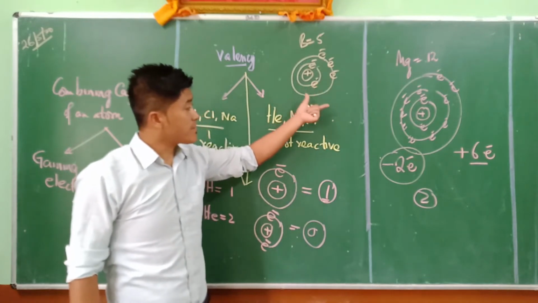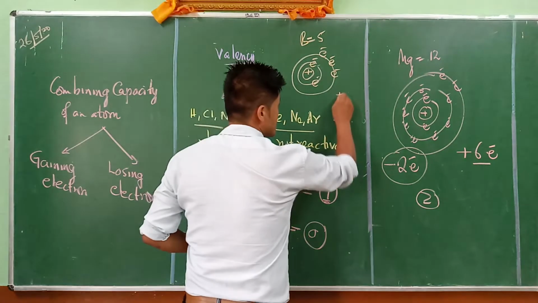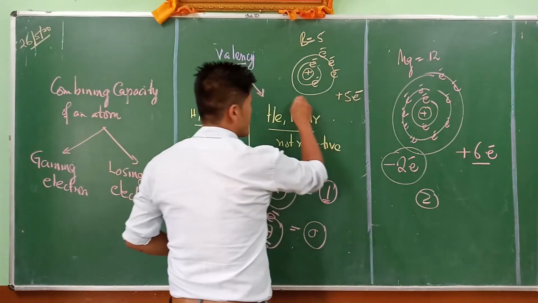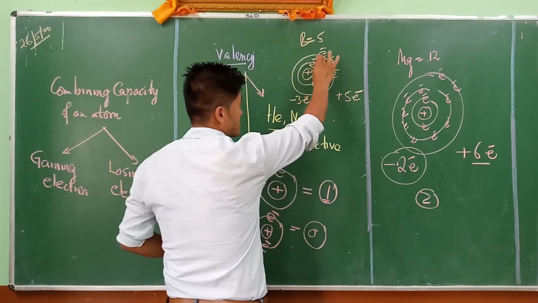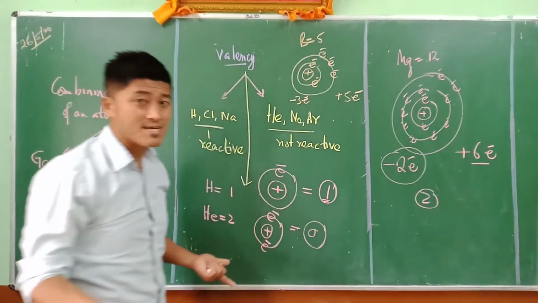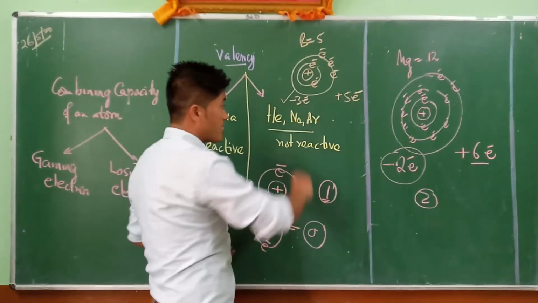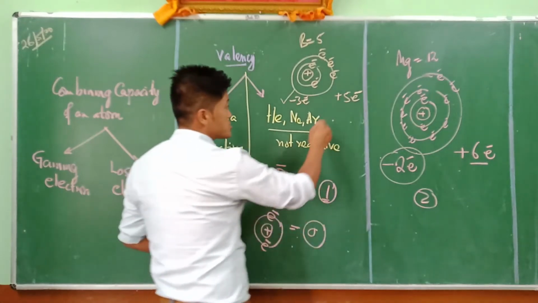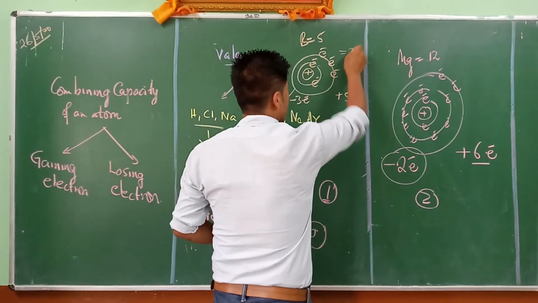So now in order to become 8, there are 2 possibilities. Either he can add 5 electrons, or he can remove these 3 electrons to make himself stable. If he removes these, this becomes blank, this is 2, and this is again a stable state. So which one are you going to choose? You are definitely going to go for this, because this is the easier task. So that is why the valency of boron is 3.